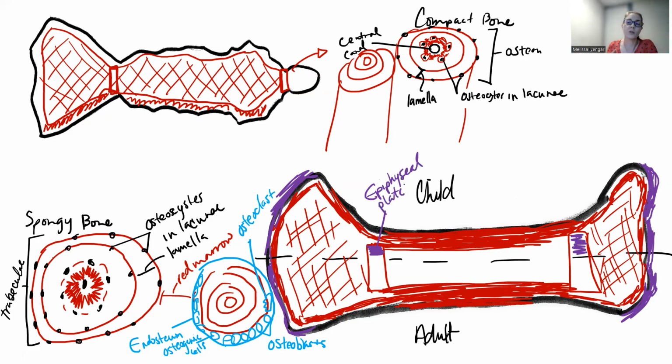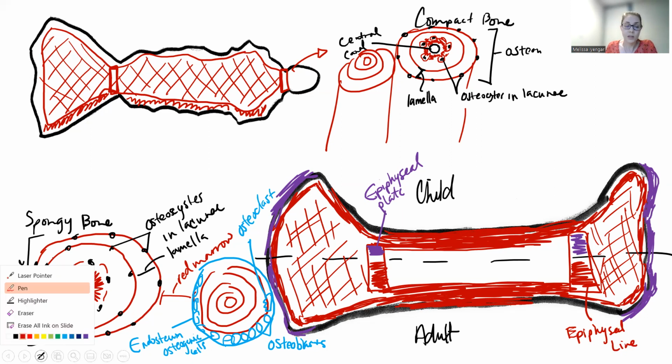This is where we're going to grow our bone lengthwise. When you stop growing, that cartilage actually gets made into more compact bone, and this becomes the epiphyseal line. That's the whole idea.